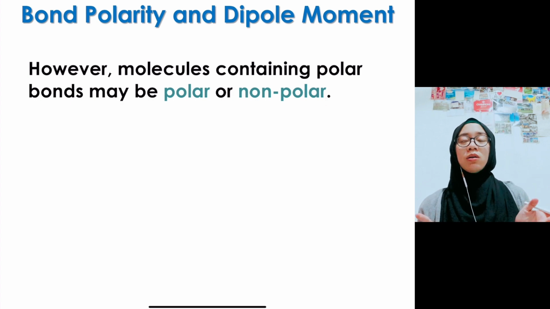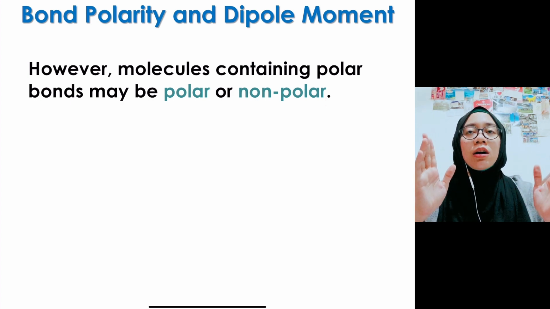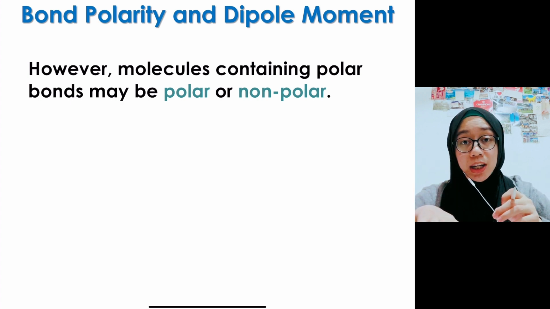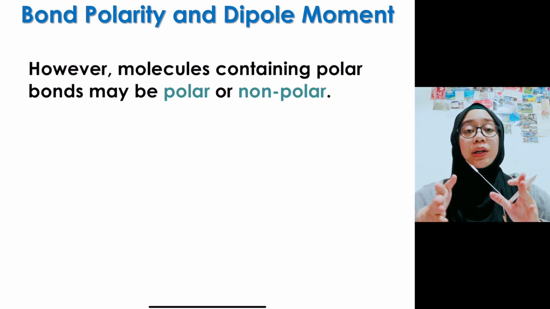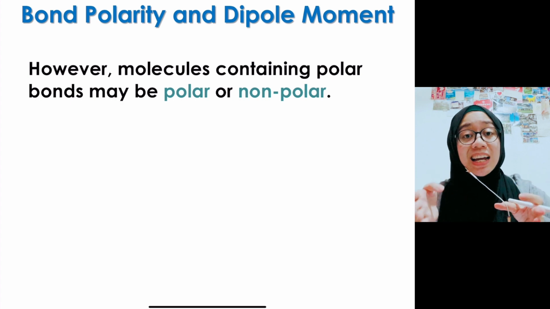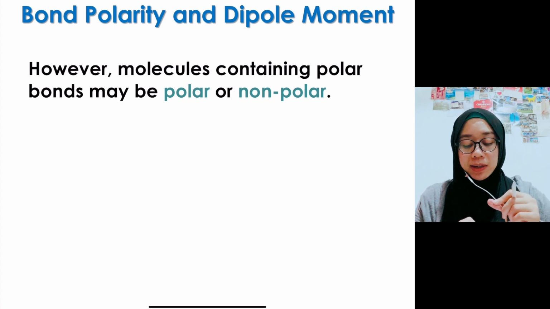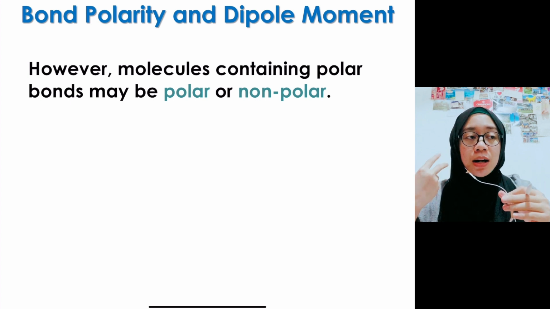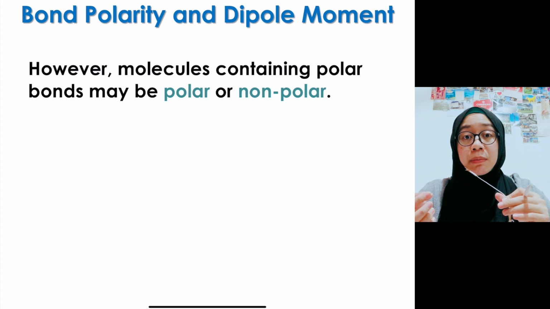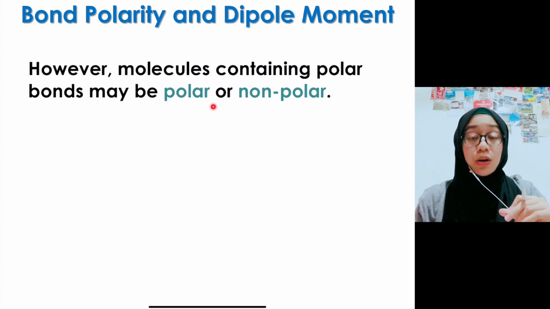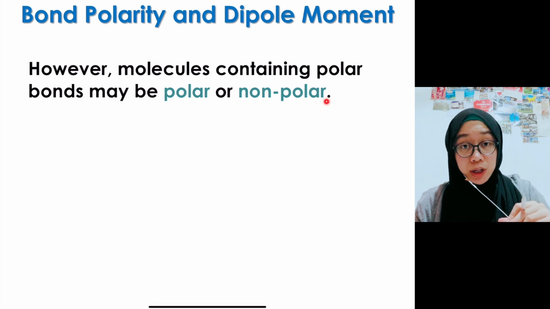Okay, so if the molecule consists of only non-polar bonds, therefore the whole molecule is considered a non-polar molecule. But this sentence means that if the molecule contains a polar bond, there might be two possibilities. Okay, it might be a polar molecule or it might be a non-polar molecule.